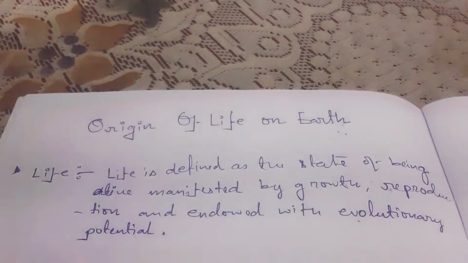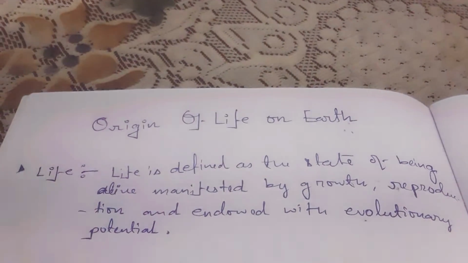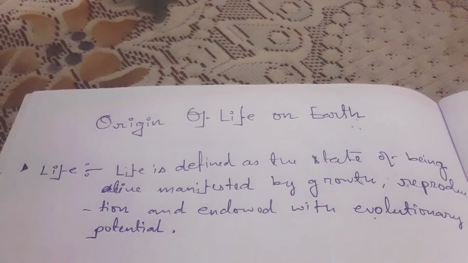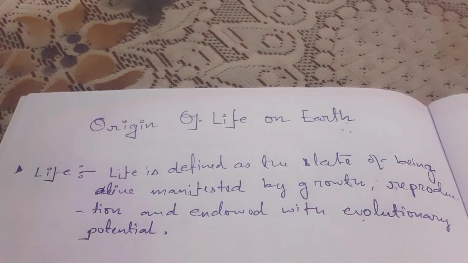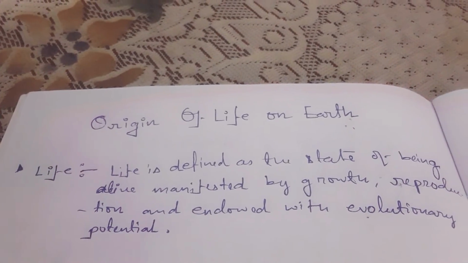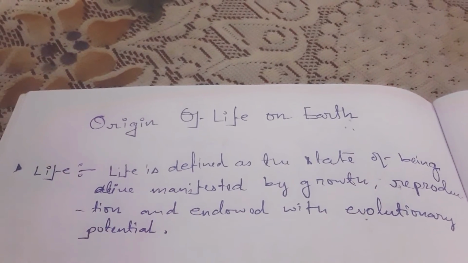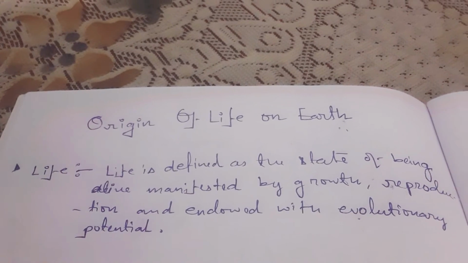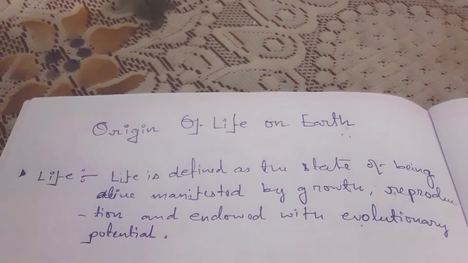The thing is that it is a normal, simple definition and it's truly endowed with the definition of life. One can just write this definition, though life cannot be defined particularly, but it's a simple definition to know what life particularly is.